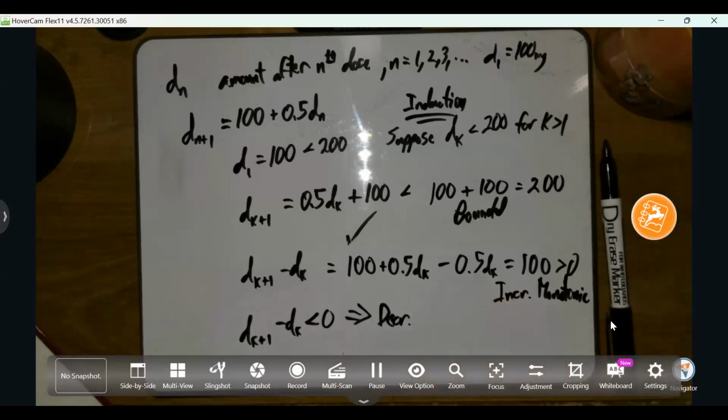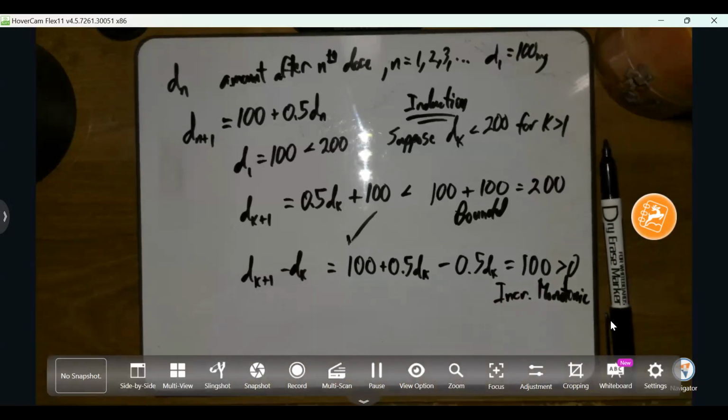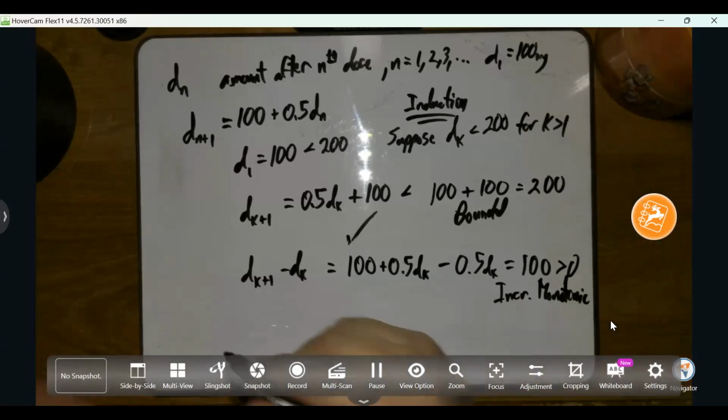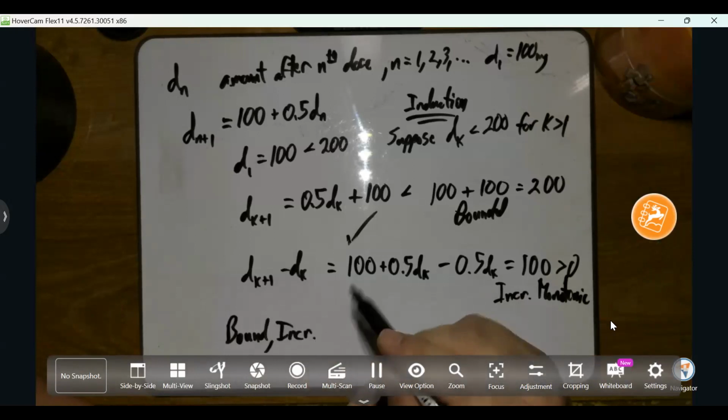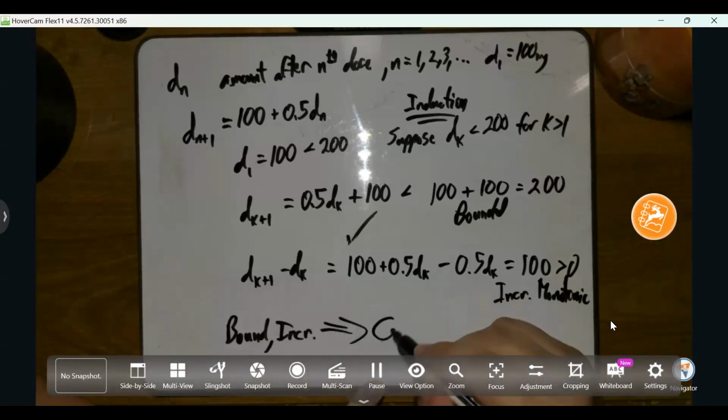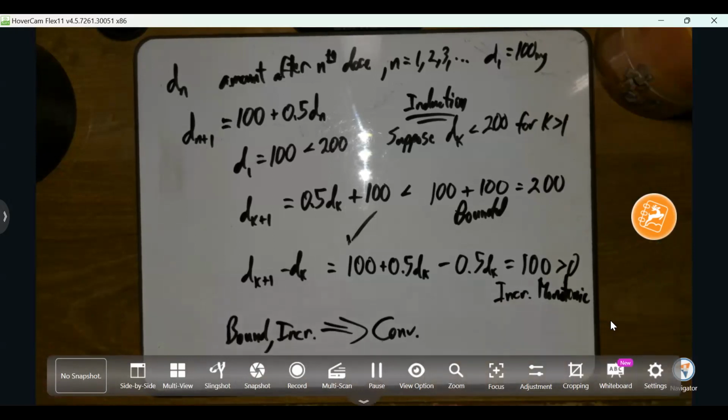But we've shown that it's greater than 0, so it's monotonic increasing. And so we have bounded, monotonic, increasing. That means it converges.